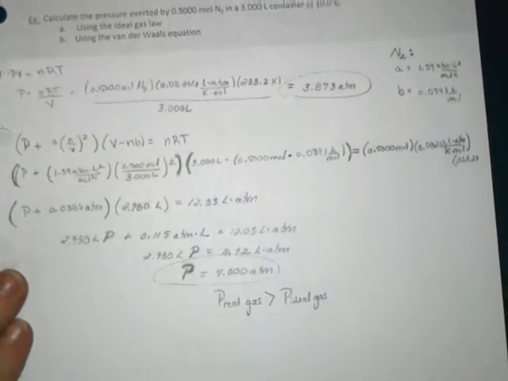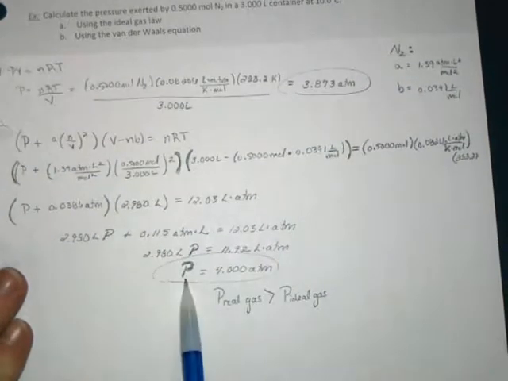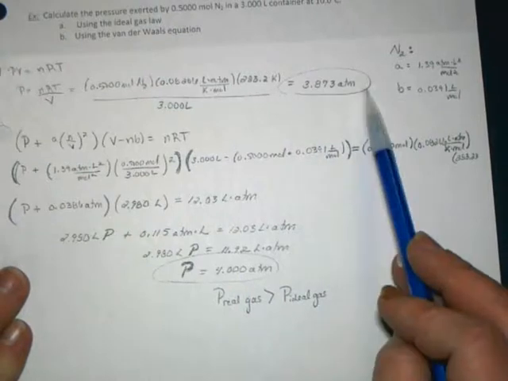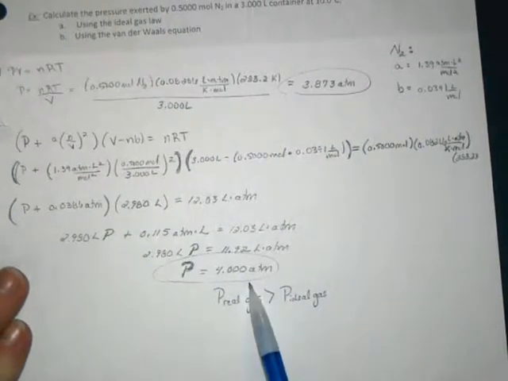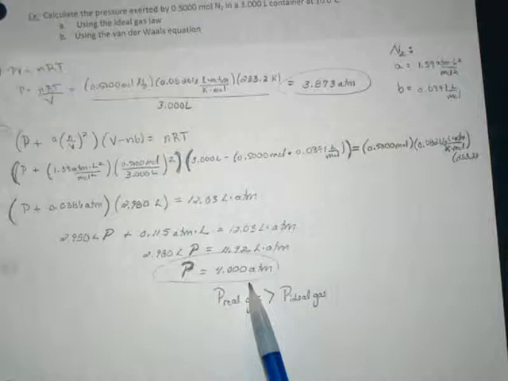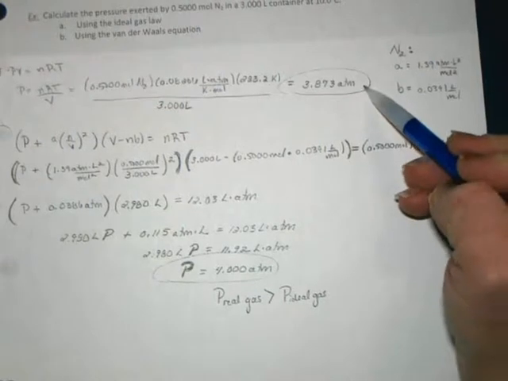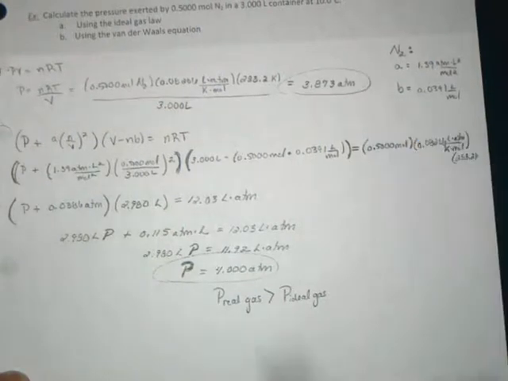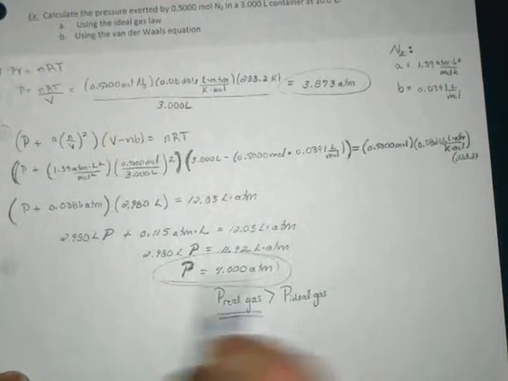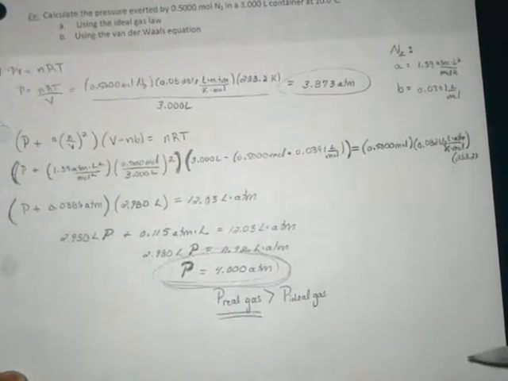What we actually find is the pressure using the van der Waals equation is greater than the pressure using the ideal gas law, which we would expect because a real gas will have a greater true pressure because the attraction of the particles are slowing themselves down. So the pressure according to the ideal gas law is of a lower value. So this is really the true pressure that this sample of gas would be showing.